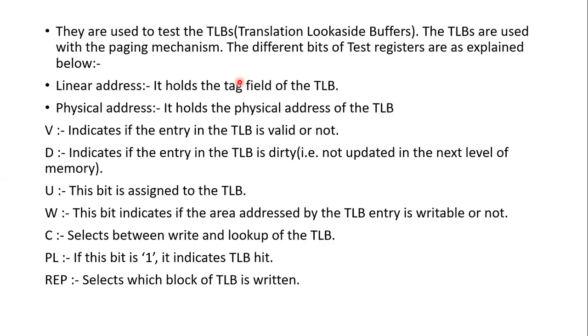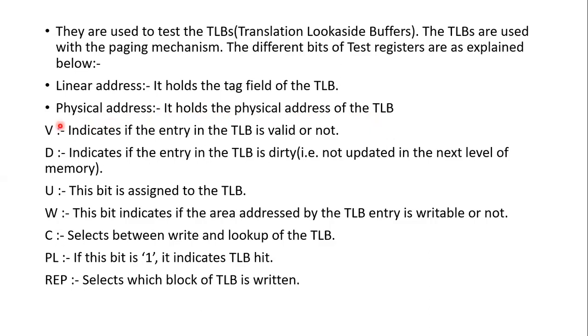So just keep in mind, the tag field indicates your linear address, and the data field indicates your physical address. In the data field there will be only the physical address, whereas the tag field will contain the linear address, valid bit, and 3 attribute bits. So the linear address will hold the tag field of the TLB, and the physical address will hold the physical address of the TLB.